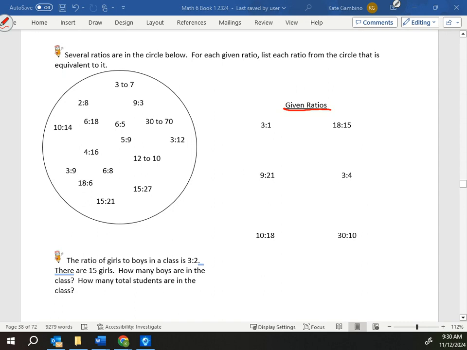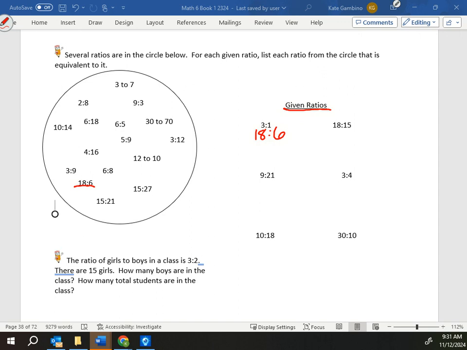So if I simplify the ratios in the circle, what ones give me 3 to 1? Who can find one in the circle that I can put in there? Lexi? 18 to 6. If I multiply that 3 by 6, I get 18. If I multiply 1 by 6, I get 6. So 18 to 6 works.